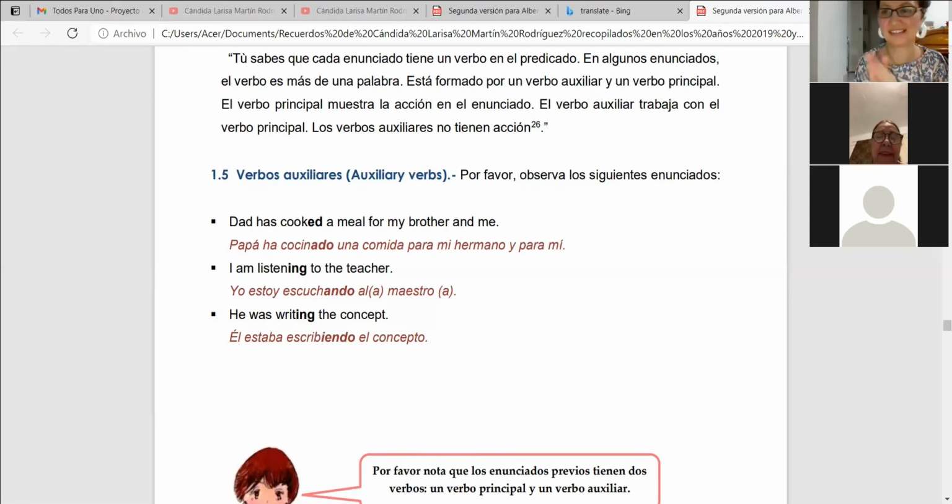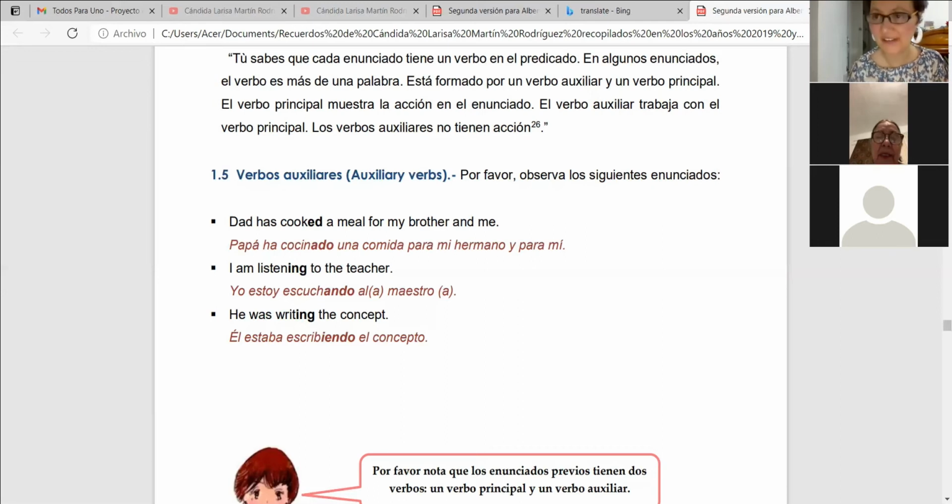Listen. So the main verb is the one that gets the inflection. El verbo principal es el que toma la flexión, es el que se va a modificar. Los auxiliary verbs siempre van a ser has, o had, o have. Ahorita los vamos a ver con más detalle.